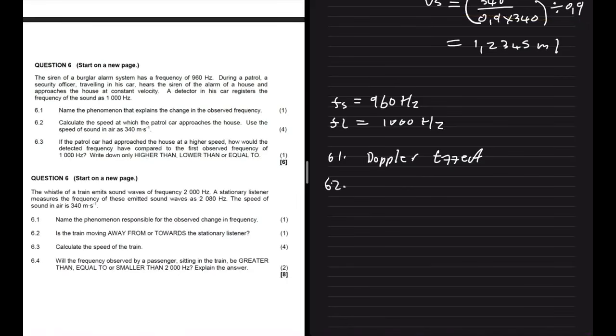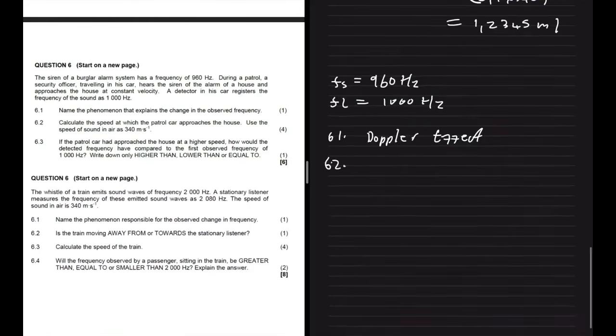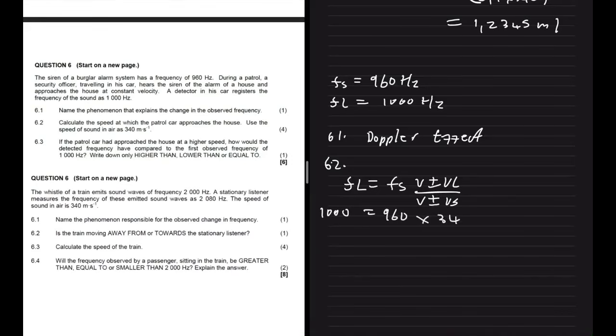6.2. Calculate the speed at which the patrol car approaches the house. Use the speed of sound in air. Back to the basics. FL equals FS multiplied by V plus or minus VL, divided by V plus or minus VS. FL is 1000, we're given that. FS is 960 Hz, we're given that. And V is 340.